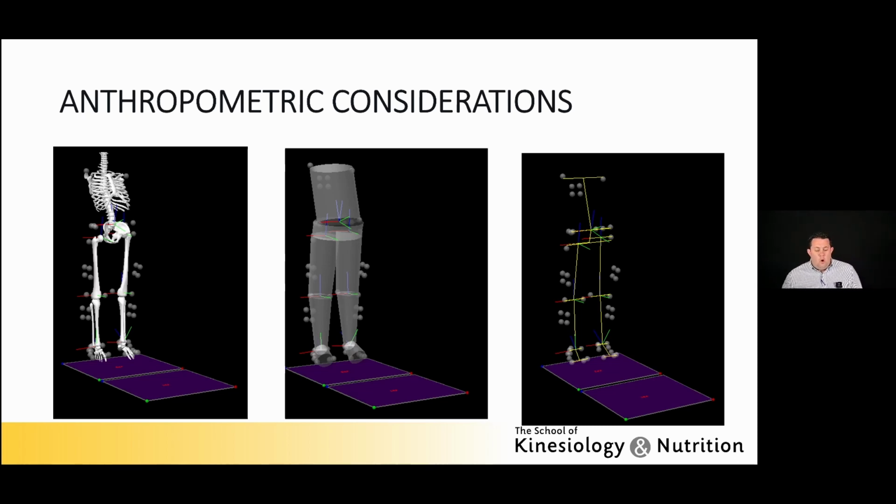A lot of the work that was done up until now started in the 1950s from an anthropometric measurement perspective, with a guy named W.T. Dempster, Wilford Taylor, I believe. So you may come across some of his work.